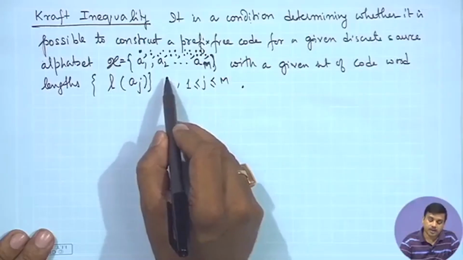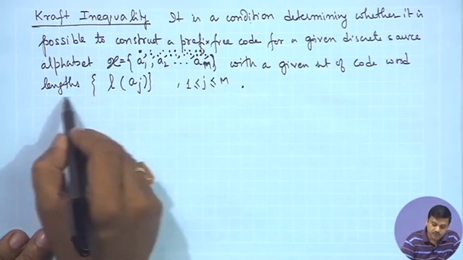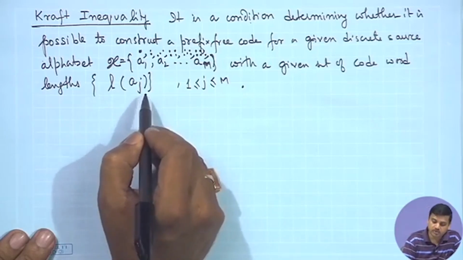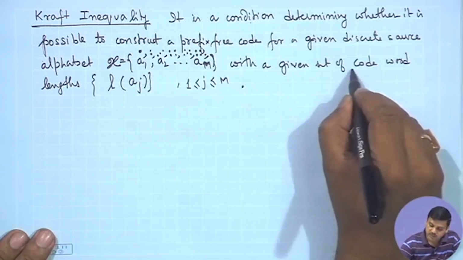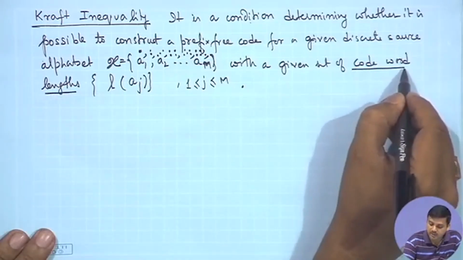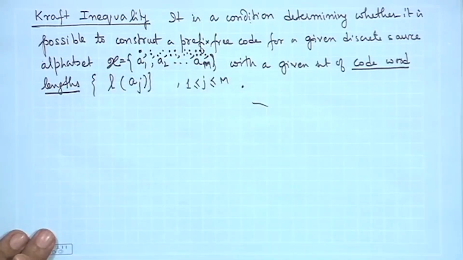Now instead of probabilities, suppose a few lengths are given. This is important. We are not talking about the code, we are saying code word lengths. We have not said anything about the code word, only the lengths. Given these lengths, the code words could be any combination, that is a different story.